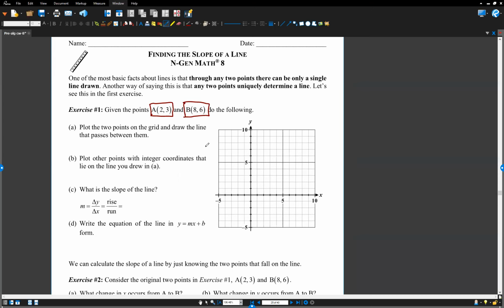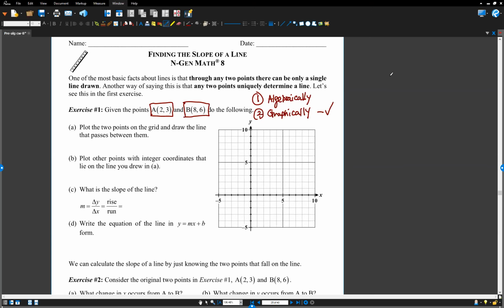Okay, now let's find the equation from the graph. The first one is algebraically. The second one is graphically. Okay? Now, graphically first.